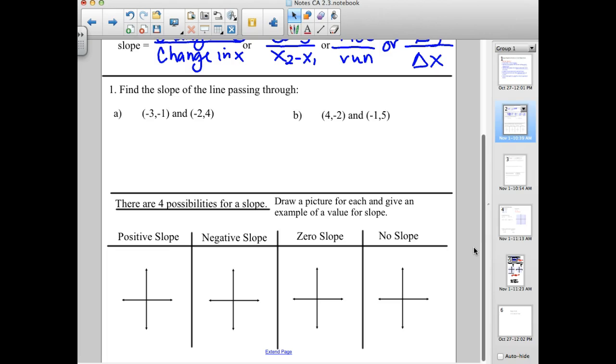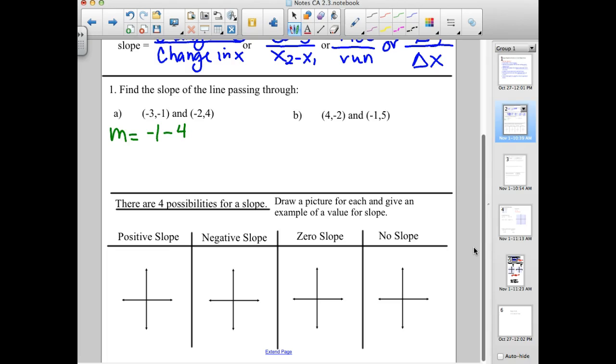All right, find the slope of the line passing through these given points. Which ones go on top? The y's. Which ones are the y's? The second coordinate in each. Does it matter if I do -1 minus 4 or if I do 4 minus -1? No. However, whatever you decide to do for order, you have to do the x's in the same order. Remember that?